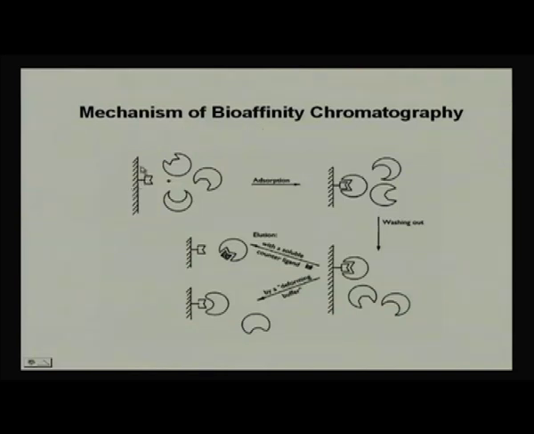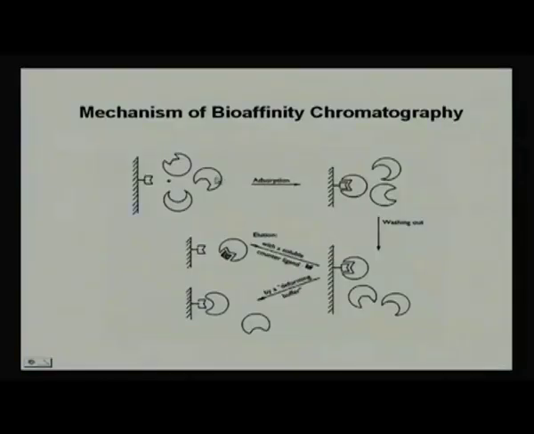See, this is the ligand, this is the matrix, and the ligand molecule is attached to this, and this ligand has the affinity for a particular molecule. Now, here I have a mixture of molecules. We want to separate our targeted protein from that mixture.